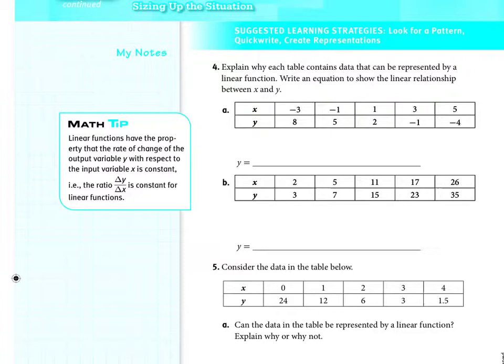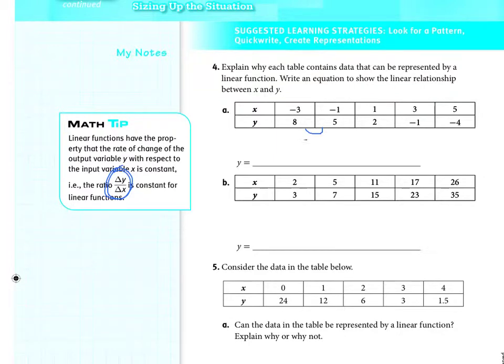And remember, linear functions have a constant rate of change. And rate of change, remember, that difference in y's over difference in x's is constant. So let's look at each of these and see if they can be represented by a linear relationship. In other words, is the change in y over the change in x constant? So look at the change in y's.